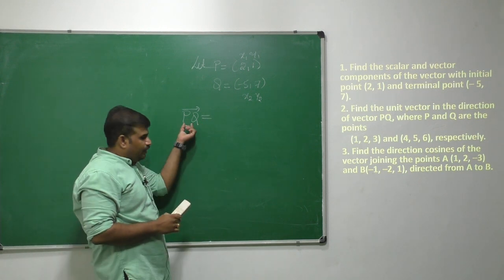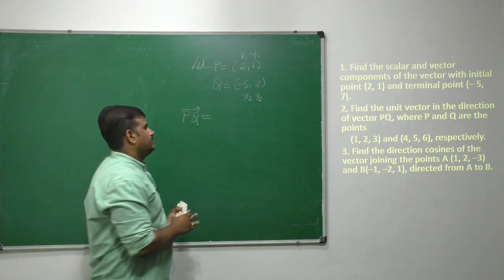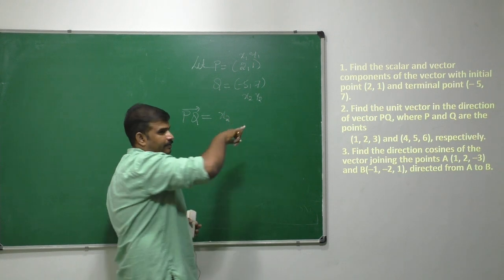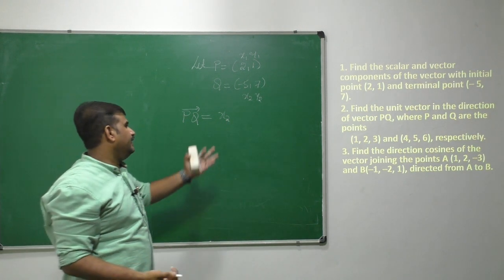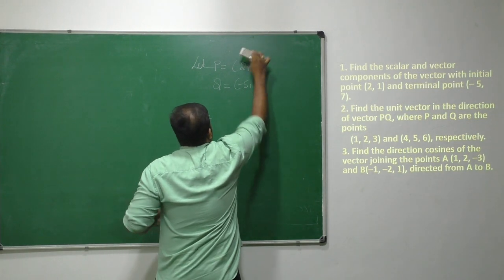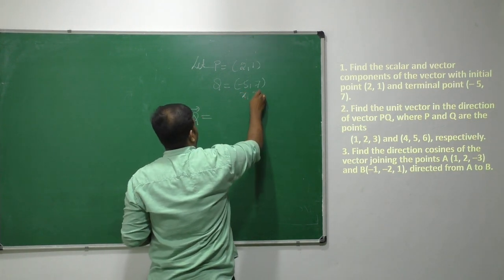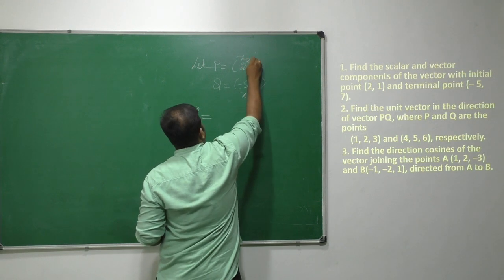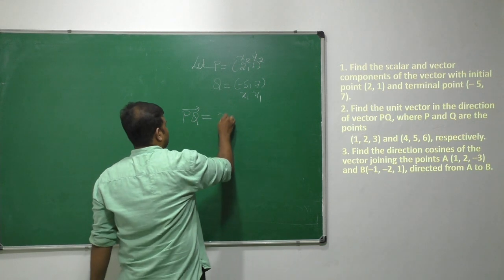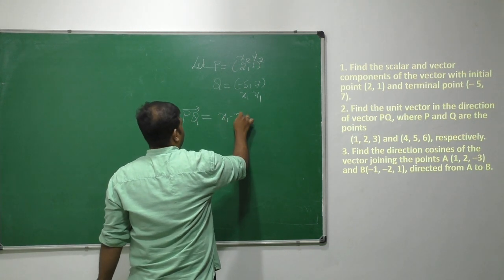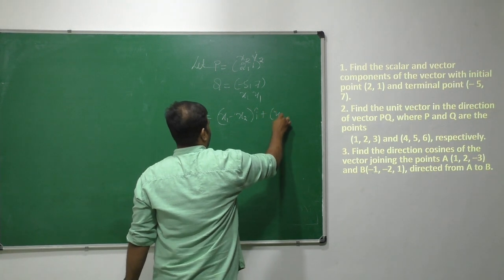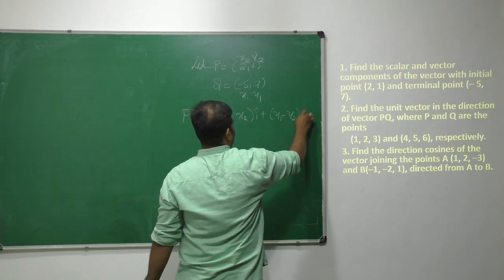What is the vector joining these two points? When I derived it, it was x1 minus x2; here you can take x2 minus x1 or the reverse, as you wish. Take this as x1, y1 and this as x2, y2. So now (x1 minus x2) i cap plus (y1 minus y2) j cap.